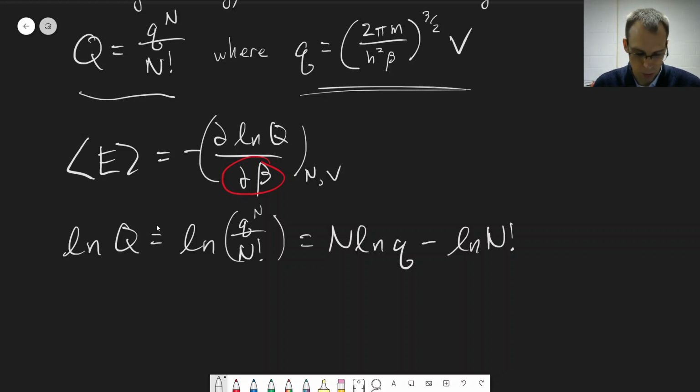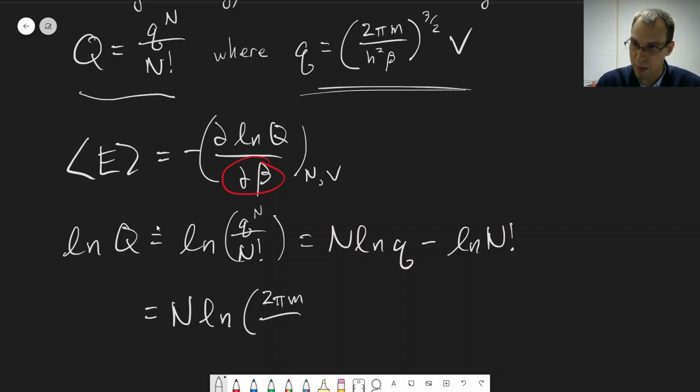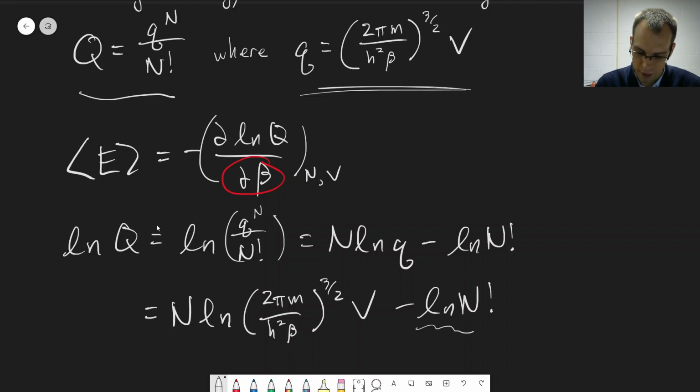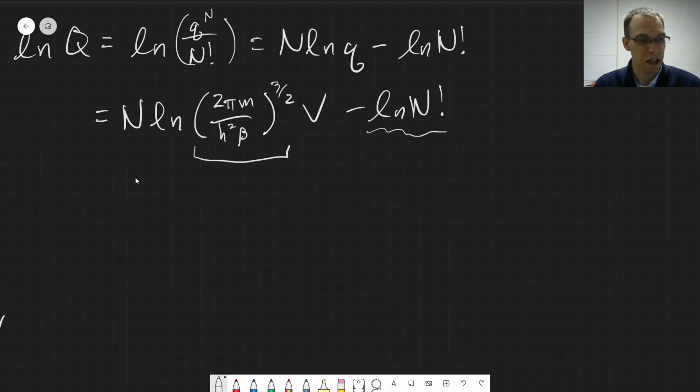So we need to plug in what little q is. The natural log of Q is equal to N times the natural log of 2 pi m over h squared beta to the 3 halves times volume, minus log of N factorial. One thing we can already see is that this term has no beta in it, so we're not going to need to worry about it. But since this is all inside of the natural log, we can break this up into multiple terms and only keep the ones that have beta in them.